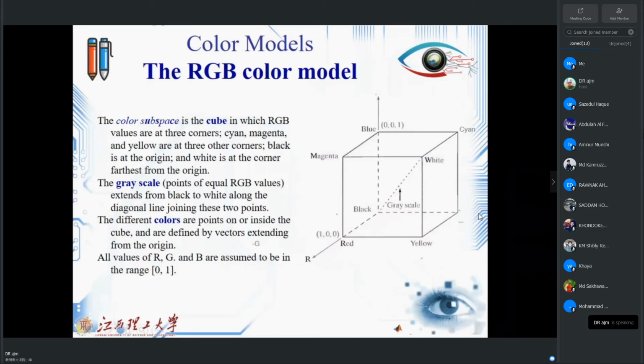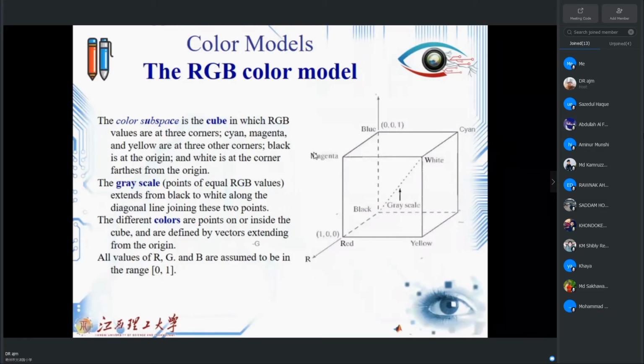Then if I want some color like yellow, I have some value from the red, some value from green, and some value from blue. Or if I want white, same thing. Some cyan or some magenta color is also like it. See this point. Any of them can have some mixture of these three colors.